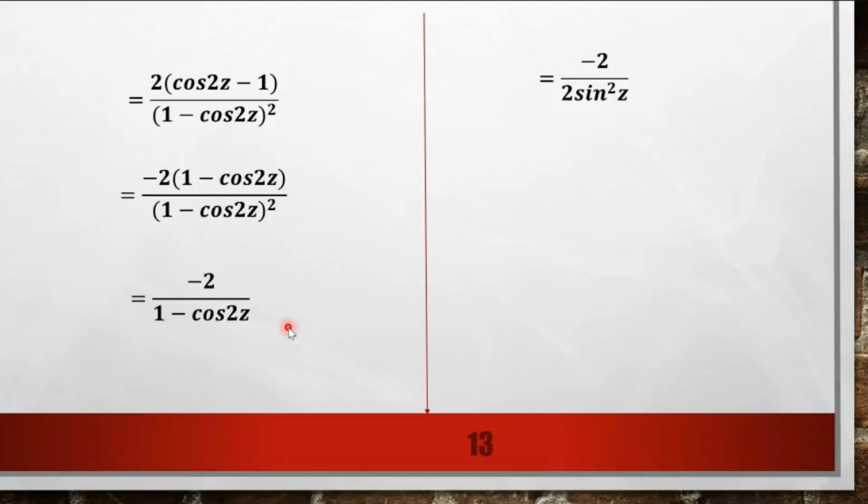Again, 2 will get cancelled, and I will get minus 1 upon sine square z, which is the same as minus cosec square z.